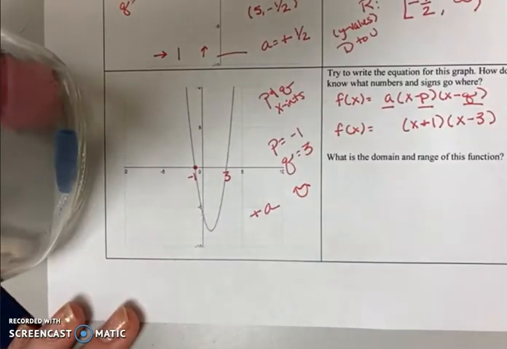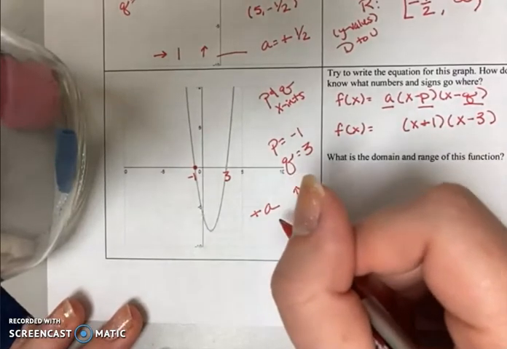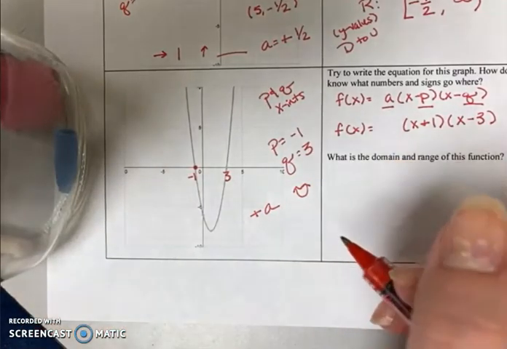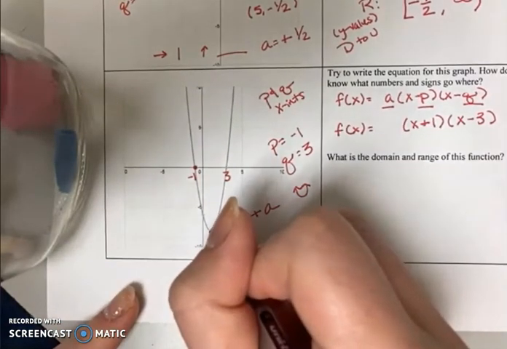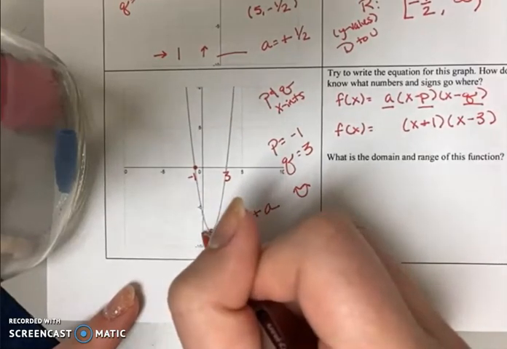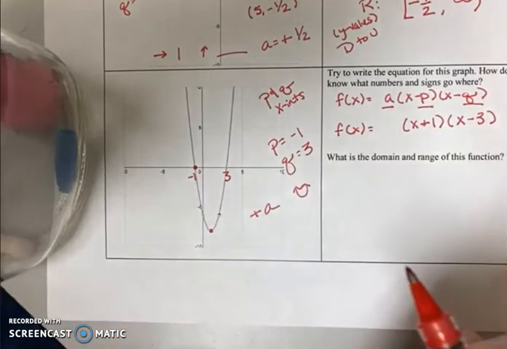If it were to open down, a would have been negative. To find the actual numerical value, I have to look at the pattern. So to look at the pattern, we use the vertex and a point. You could use a point that's 1 unit to the left or 1 unit to the right. I usually just stick with moving 1 unit to the right.